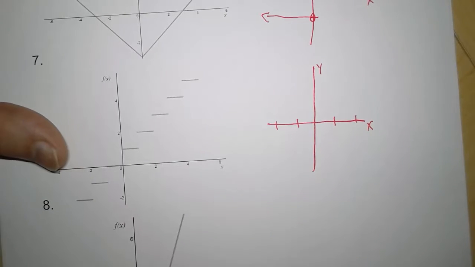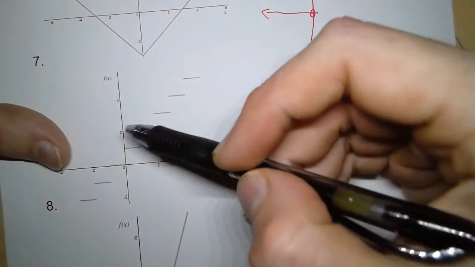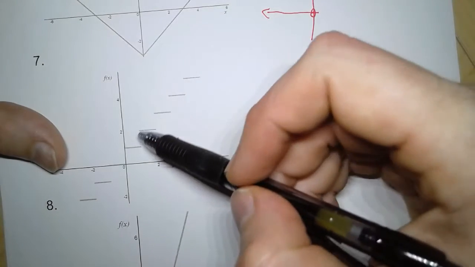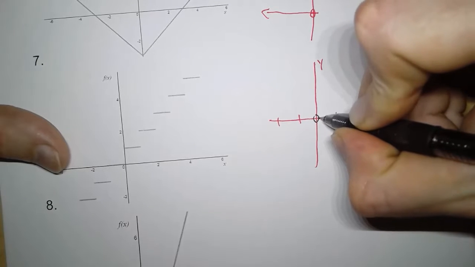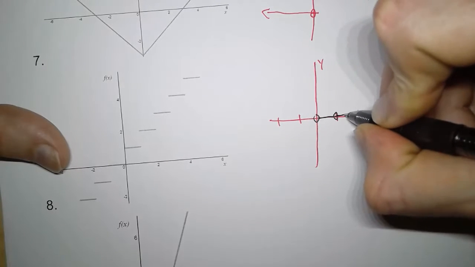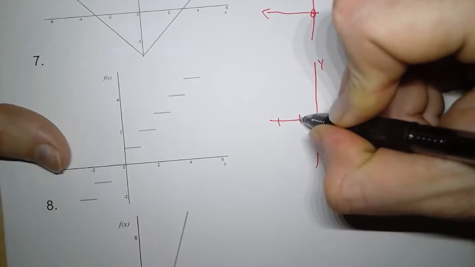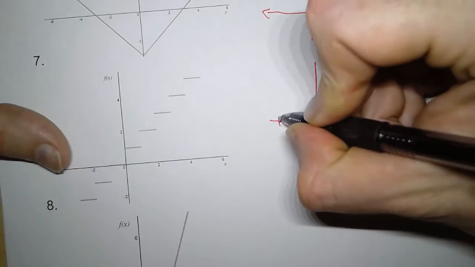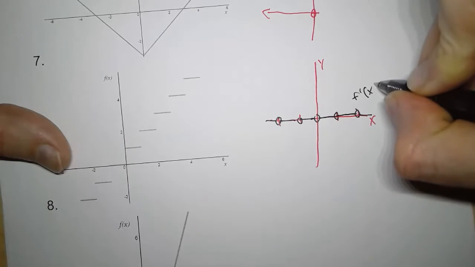It's not going to rise or fall, and we don't need any values that are positive or negative. However, because of these points of discontinuity here, there is no slope at those points. So at every integer, there's going to be an open circle. So our graph of f prime looks like this.